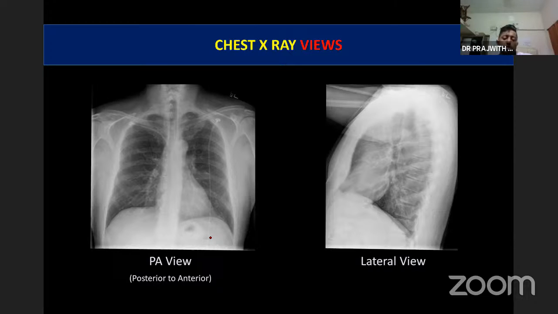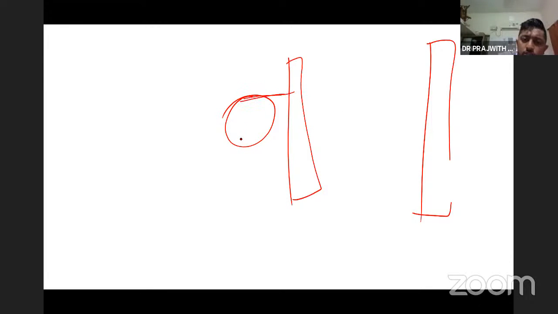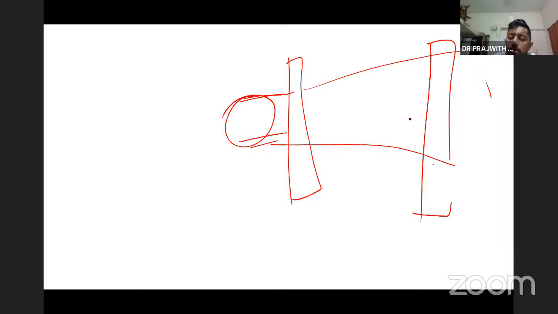The second thing that I told you is that as I keep the imaging object closer to the film, it becomes sharper. As I take it away from the film, it becomes less sharp and less bright. So one more thing we have to understand here is, first, the magnification factor.